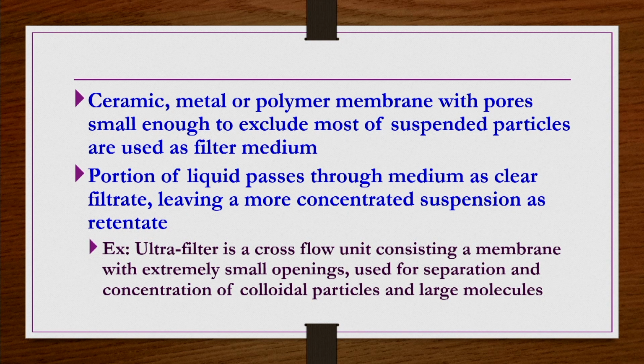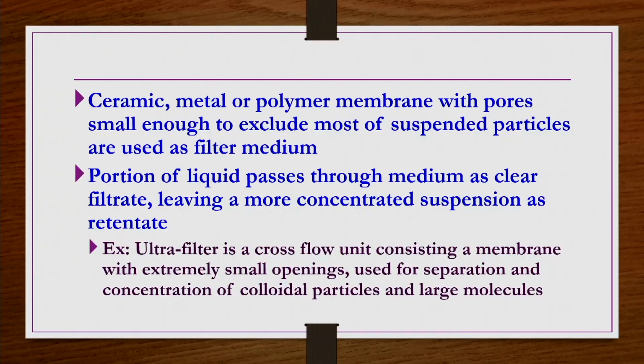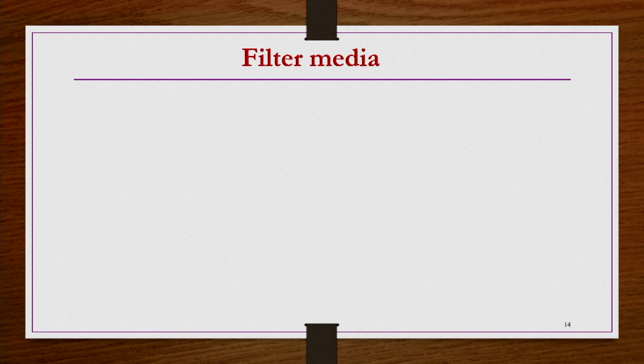For example, in ultrafiltration, the ultrafilter is a cross flow unit consisting of a membrane with extremely small openings, used for separation and concentration of colloidal particles and large molecules. Then, what kind of filter medium should one use in general?